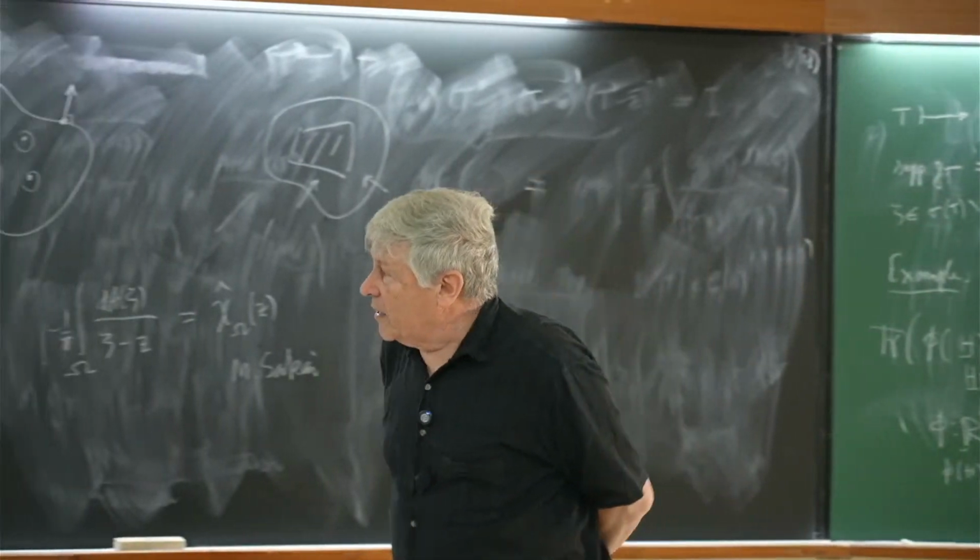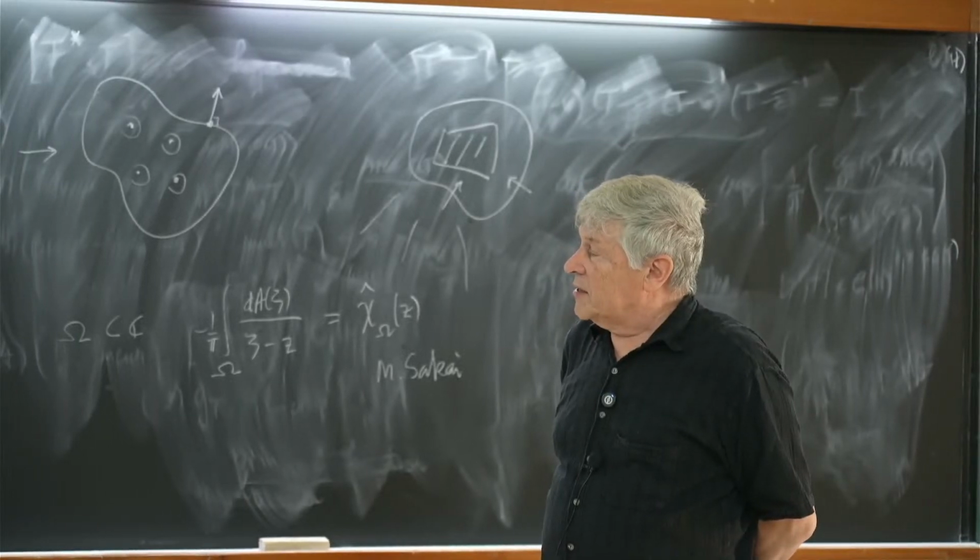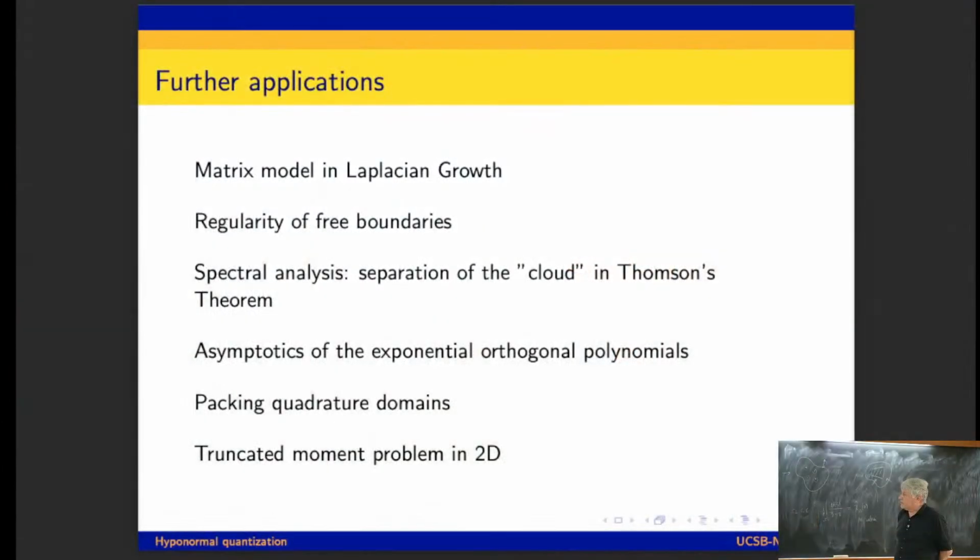Asymptotics of the exponential orthogonal polynomials, again the quadrature domains. The polynomials we derive from this Padé approximation are special, because if you take the zero set and the asymptotics of the zero set, in general in the Bergman space, in the Hardy space and all, they will go to some curves, some reflection of the level sets of the Green function. It is potential theory, but it's rather cumbersome.